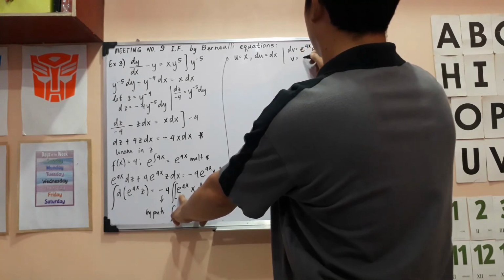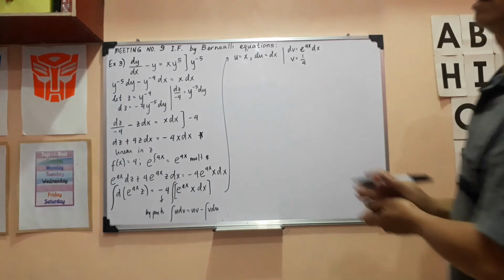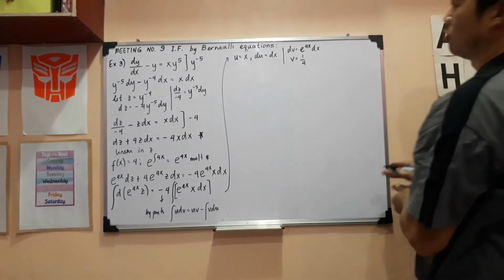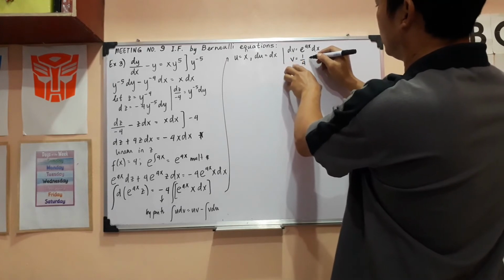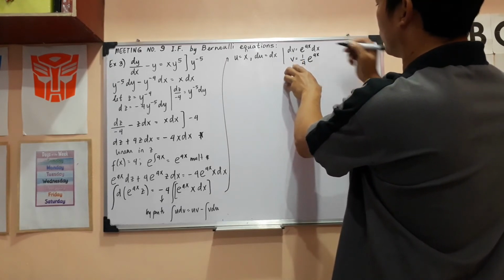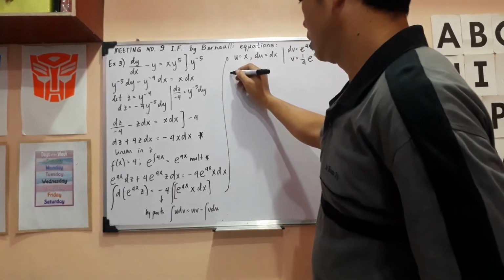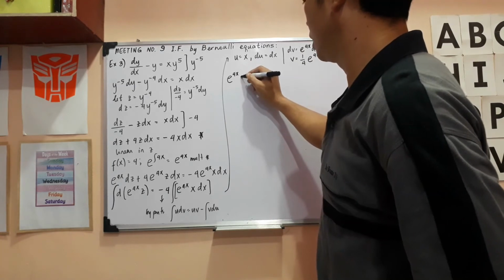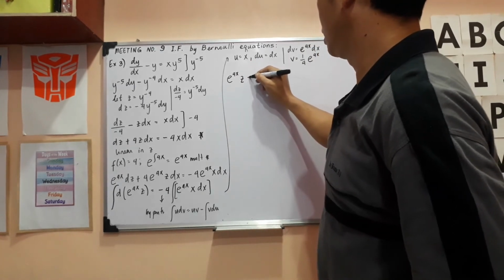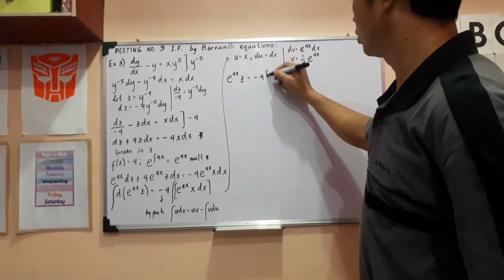Ano ang v? 1/4. Diba? Kung derivative yon, 4 yon. Integral, para maging v, e raised to 4x over 4. Okay? So, sa kaliwa, e raised to 4x times z equals negative 4, tapos ito yung by parts.